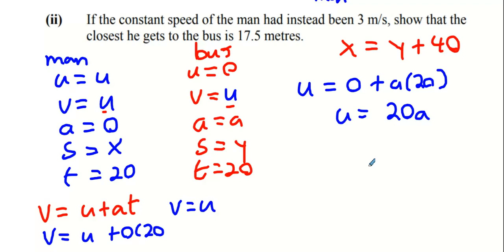Now, v squared equals u squared plus 2ax, or s equals ut plus half at squared. I'll go for ut plus half at squared. So what's ut plus half at squared using the bus?